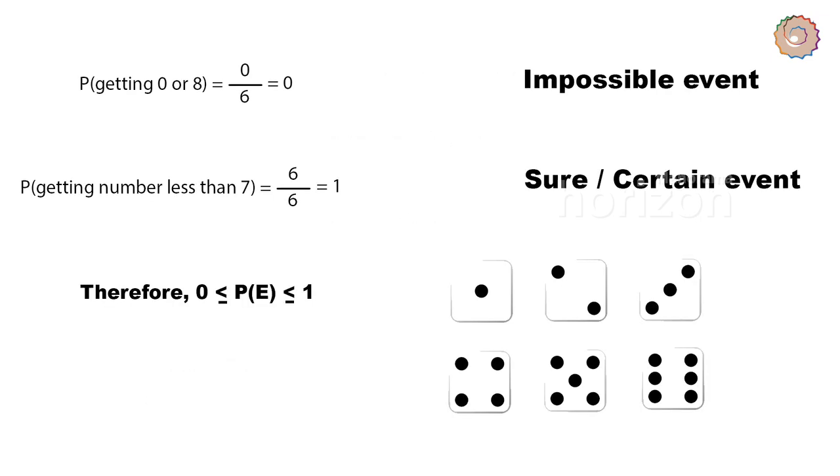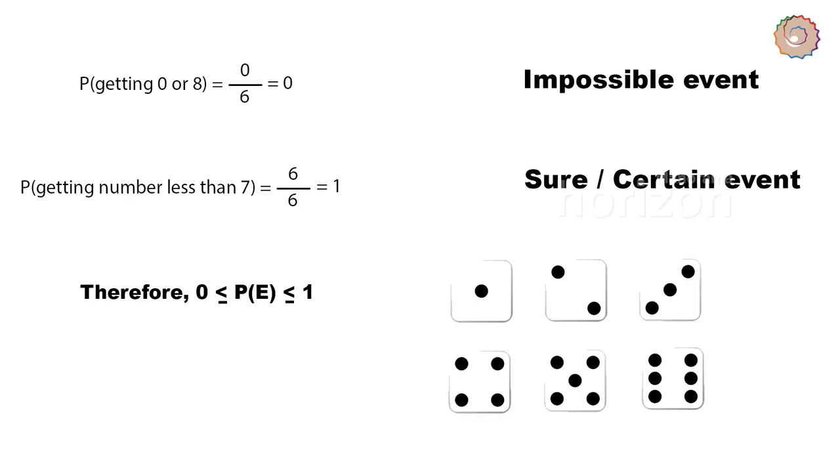So, let us now throw a die. The only possible outcomes of the die are 1, 2, 3, 4, 5 and 6. Would you get an outcome 0 or 8 if you throw the same die? There is no face of the die marked as 0 or 8. So, there is no outcome favorable to 0 or 8. That is, the number of such outcomes is 0.